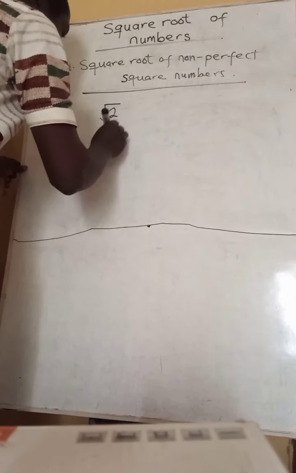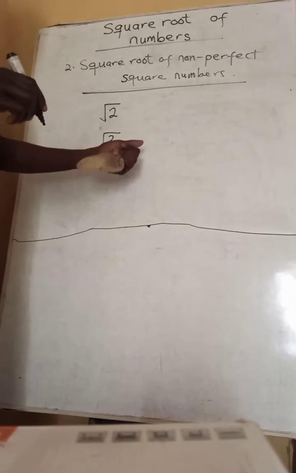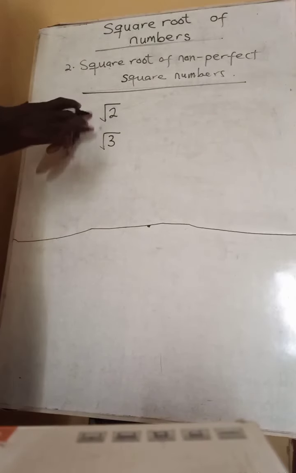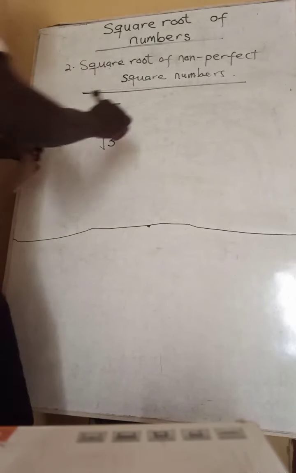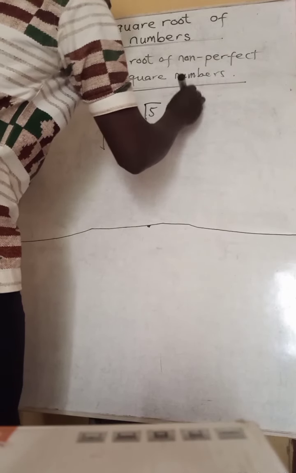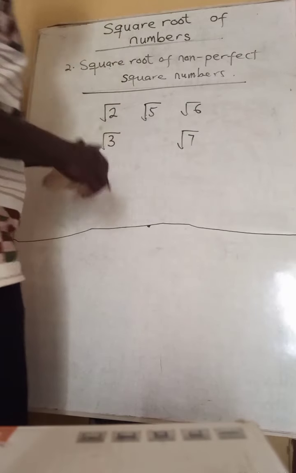The square root of 3 will yield a result of decimal fractions, 1 point something. So you see that these are all non-perfect squares. And then the square root of maybe 5, the square root of 6, the square root of 7, and so on. You can get a whole lot.